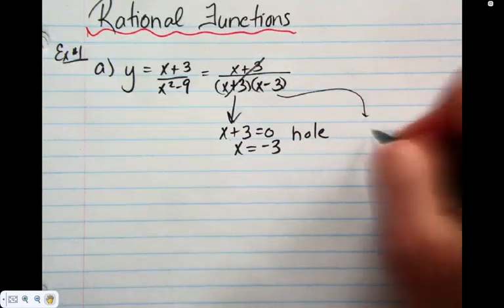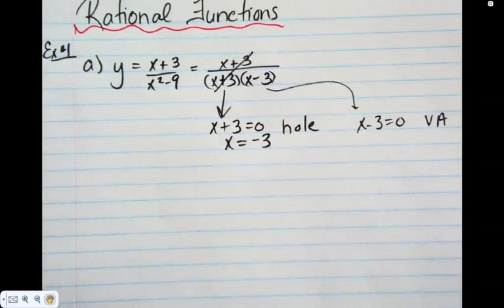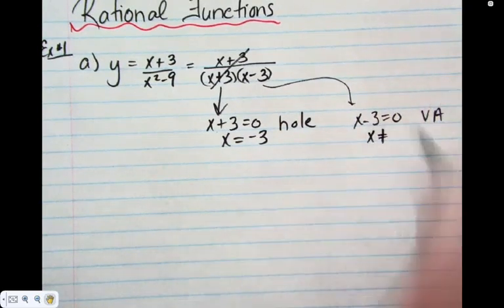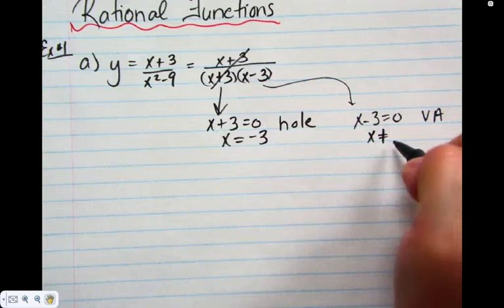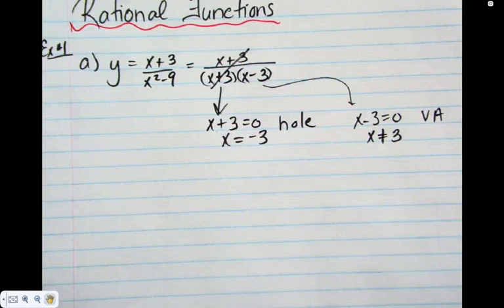No, so that tells you x minus 3 equal to 0 is a vertical asymptote. And the vertical asymptote occurs at x cannot be 3. Why do I have a cannot be here? Because that's how we write the equation of an asymptote. That's all this question is asking, is figure out the NPVs and tell me whether they're holes or asymptotes.